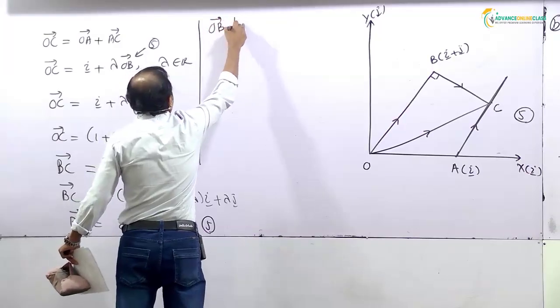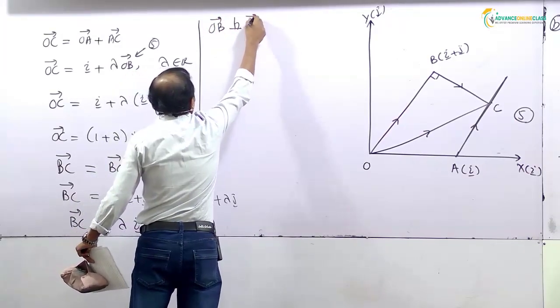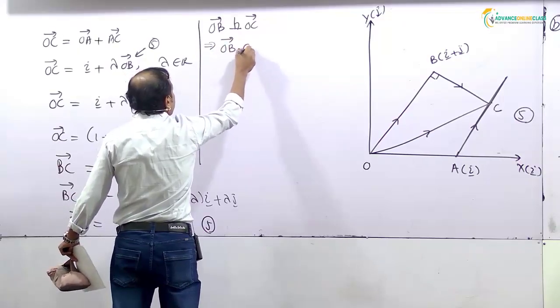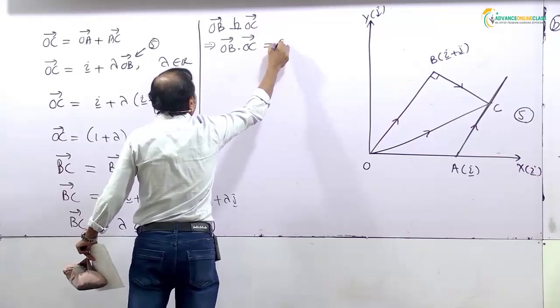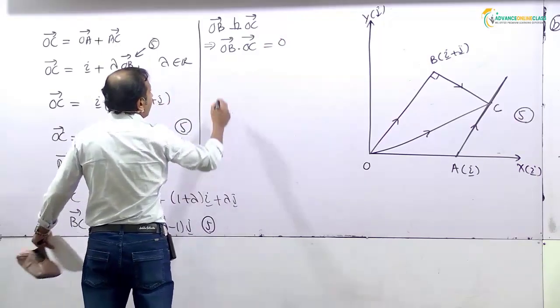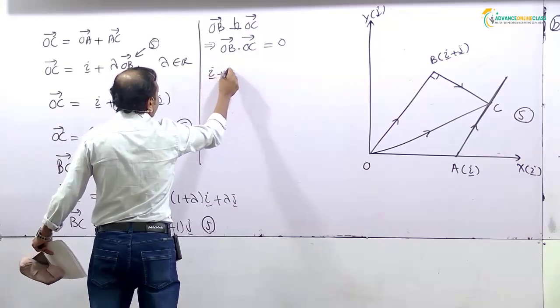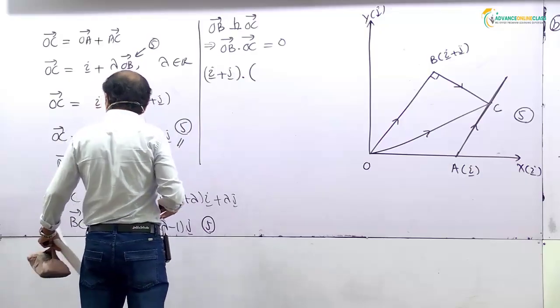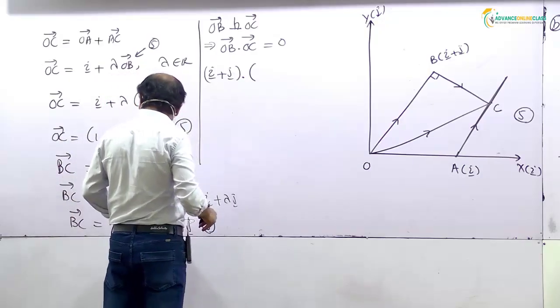OB vector perpendicular to OC vector implies that OB vector dot OC vector is equal to 0.